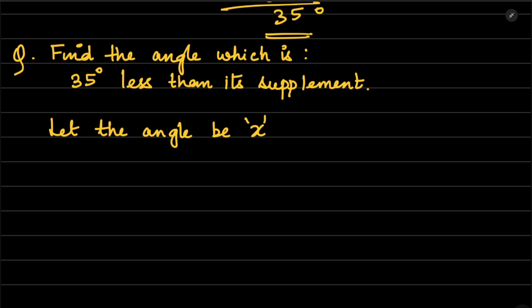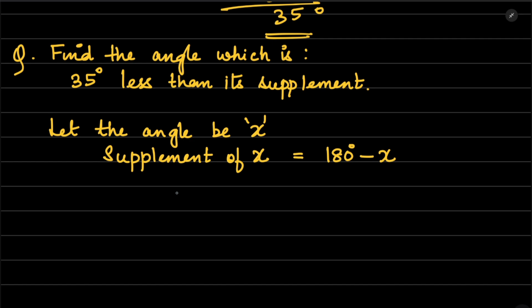Now let us find the supplement. You are asked the supplement, so let us find the supplement of x. The supplement of x will be, supplement means two angles whose sum is 180. So 180 degree minus x will be the supplement. Now what is given? Your angle is 35 less than the supplement.